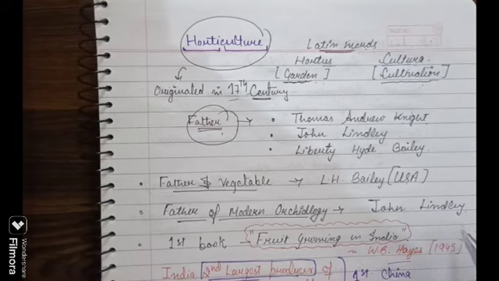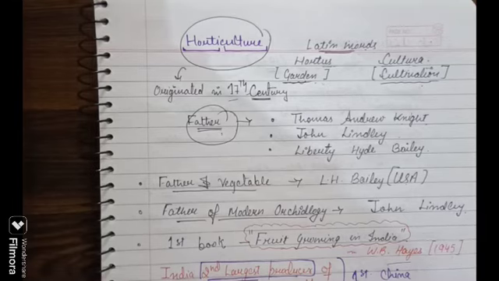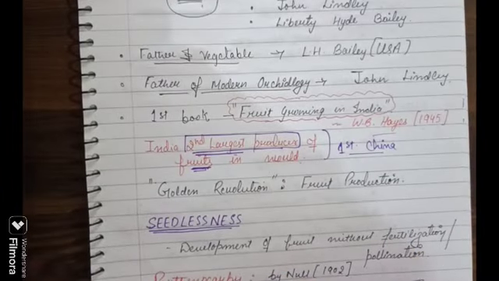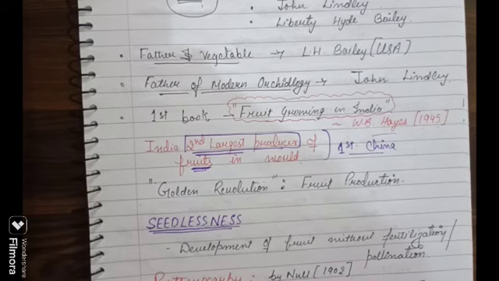The very first book introduced in the course, Fruits Growing in India, was written by author W.B. Hayes in 1945. India is the second largest producer of fruits in the world, and first is China. The term Golden Revolution we have read about in our earlier classes is related to fruit production.